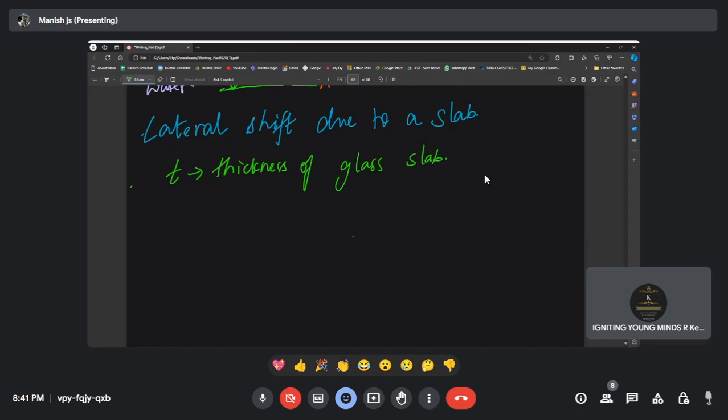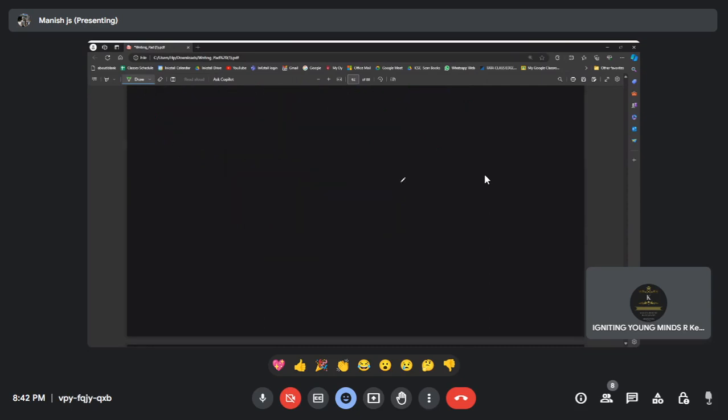R is nothing but the angle of refraction, and I is the angle of incidence. So now let's draw the diagram and try to understand what's happening in lateral shift.